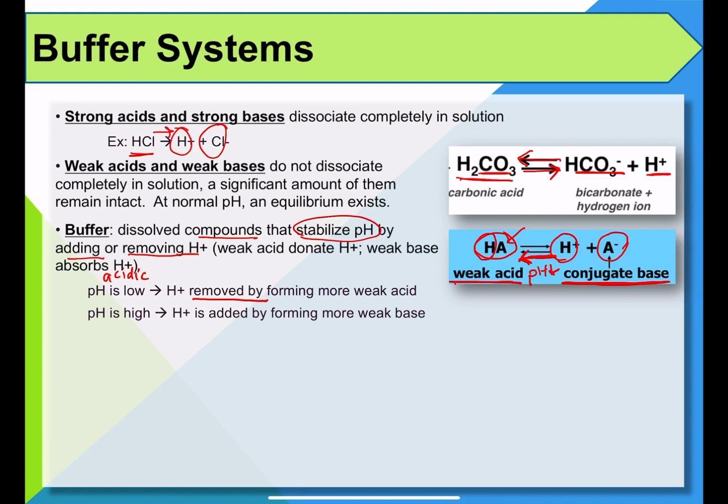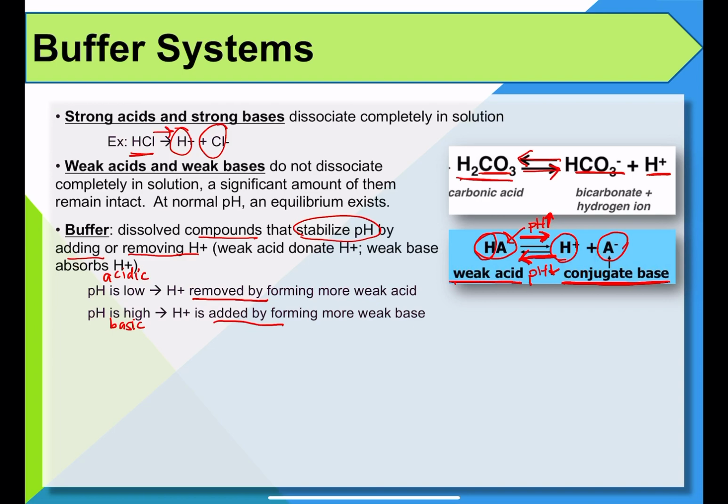Conjugate base will sequester the amount of hydrogen ions available and form this weak acid. When pH is too high, which means it's too basic, then hydrogen ions are added by forming more weak base or your conjugate base. So if pH is too high, then equilibrium shifts to the right, where your weak acid will form your hydrogen ions and your conjugate base.